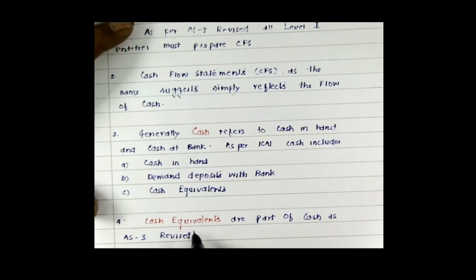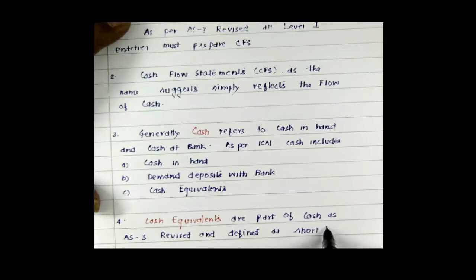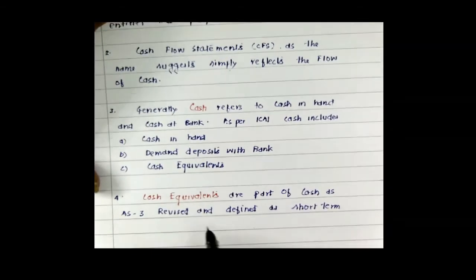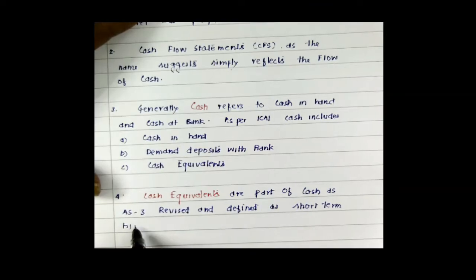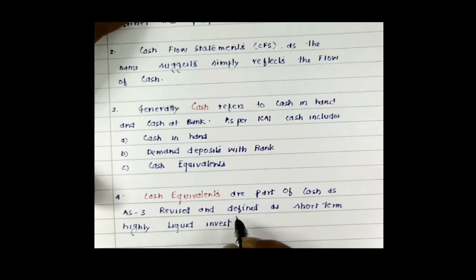A part of cash as per AS3 revised, correct? And defined as short-term highly liquid investments. Short-term highly liquid investment. That means cash equivalent means liquid investments. They are highly liquid investments, which means that you can encash such investment in a very short period of time.